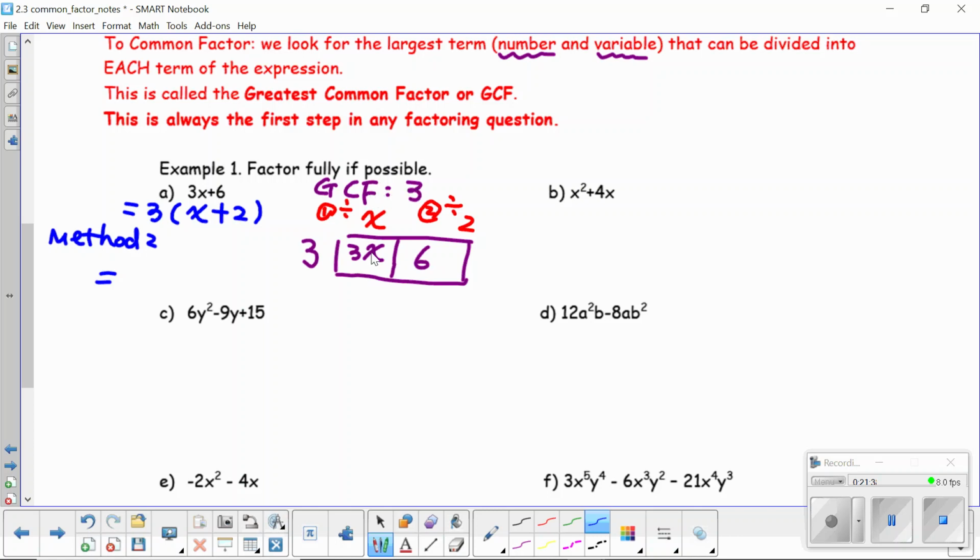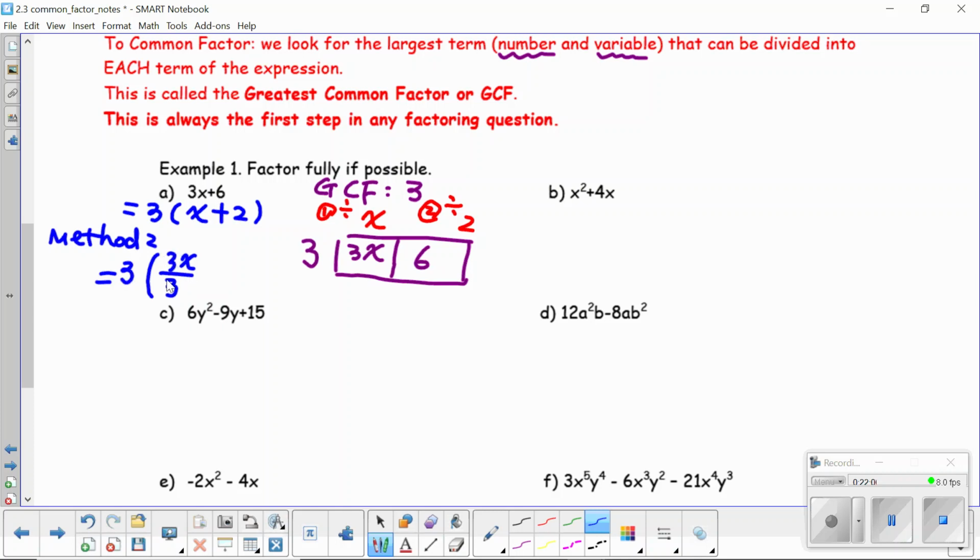It doesn't matter whether you use the first method or the second method. So we know the greatest common factor is 3. Then we put the 3 outside, and 3 times bracket. 3 times 3x will give you 9x, which is not equal to 3x. You need to divide it by 3.